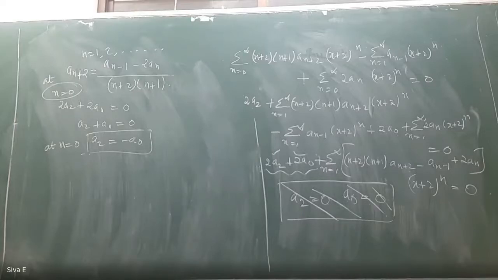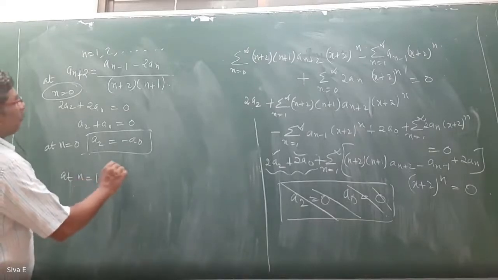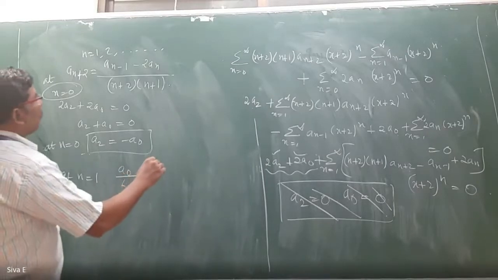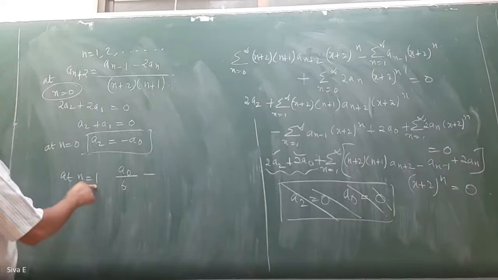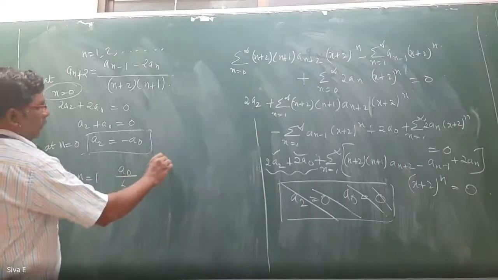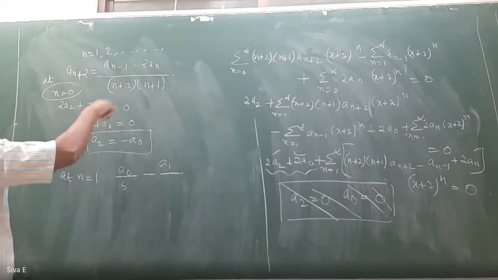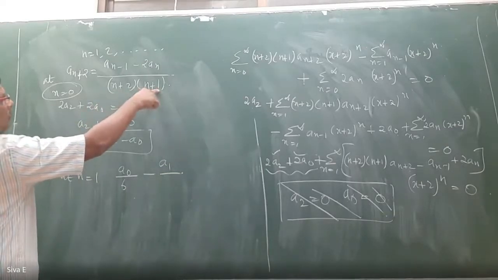First, what is the question here? First 4 terms we have to find. At n equal to 1, we get a0 by 6 minus a1 by 3 into 2.